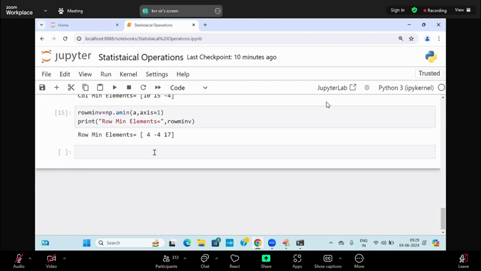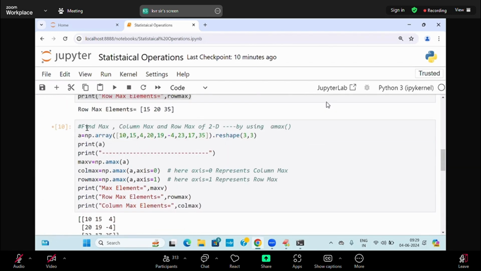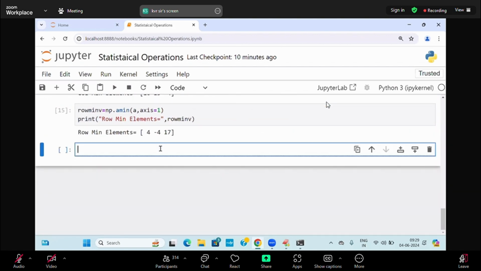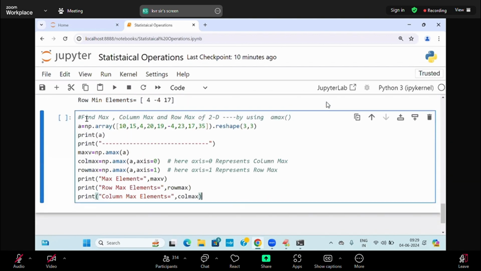So overall, if you want all at once to place it, I'm going to write it in this place. Look at, so find min. Next is what? Column min. Next is what here? Row min. Row min of 2D by using a min of. So I'm going to write reshape of.